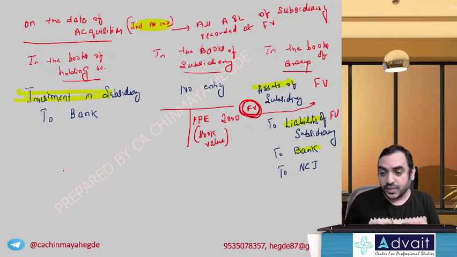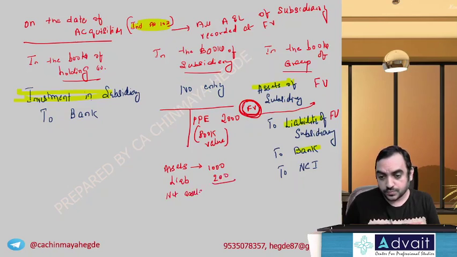Now, suppose all the assets of the subsidiary company, I'll just write under subsidiary only, assets let's say 1000 rupees, liability 200 rupees. So you have net assets of 800 rupees, considering fair value.